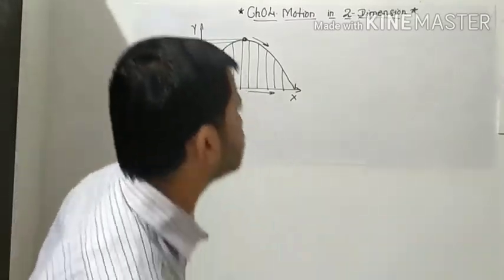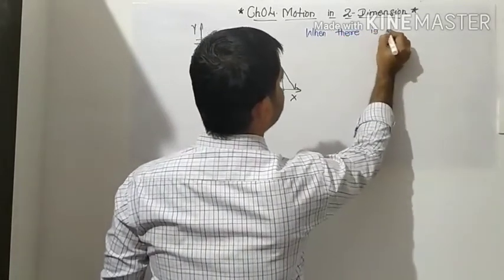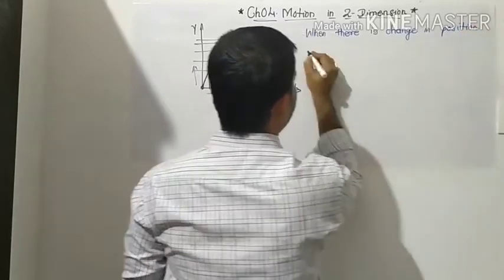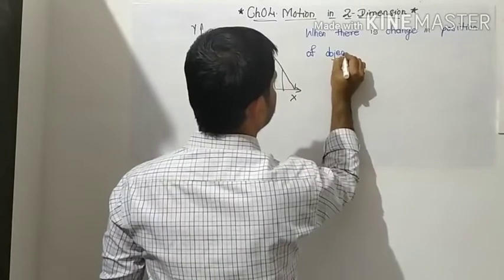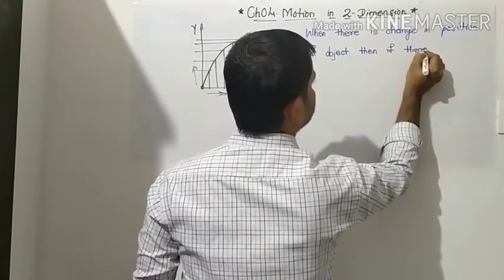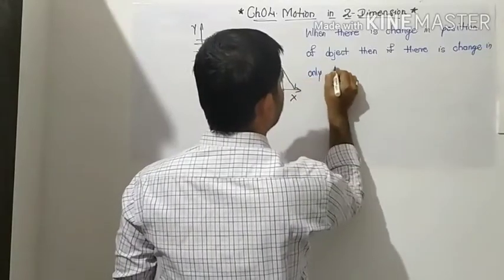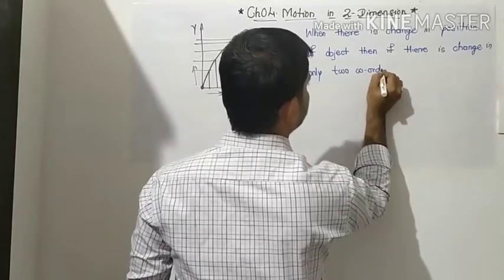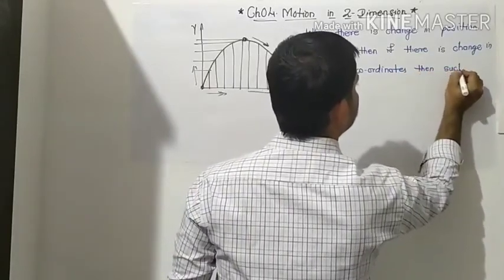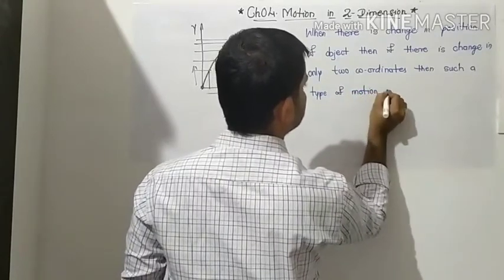If we write down: when there is a change in position of an object, and if there is change in only two coordinates, then such a type of motion is known as two-dimensional motion.